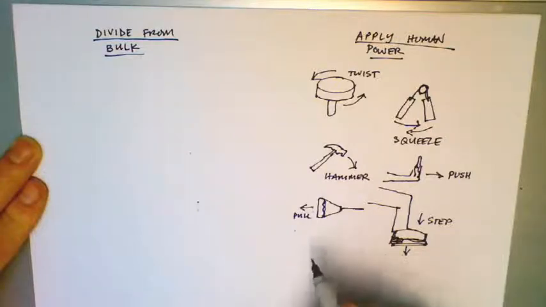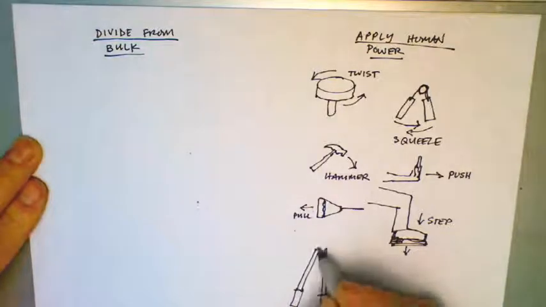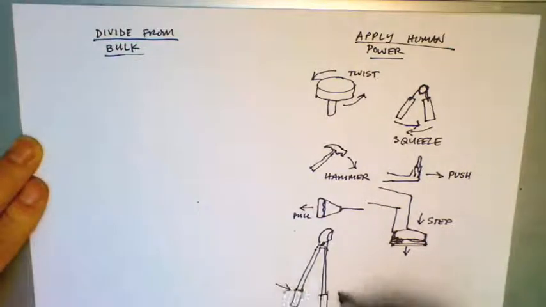We might imagine, and I guess it's a version of squeezing, but I'm thinking about the shears that are used in cutting branches that look like something like that. And that's kind of a squeeze as well.